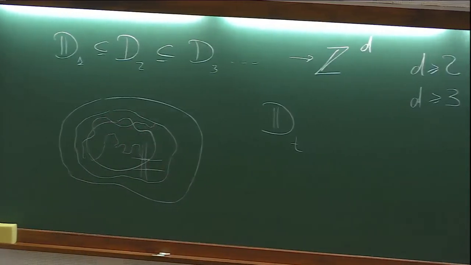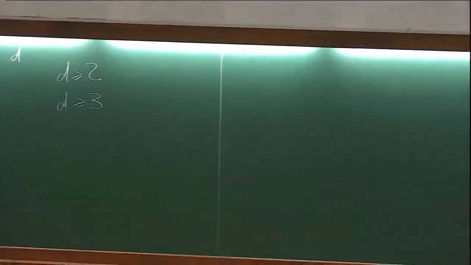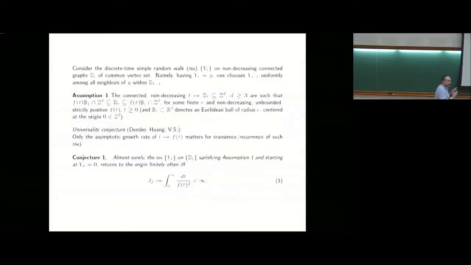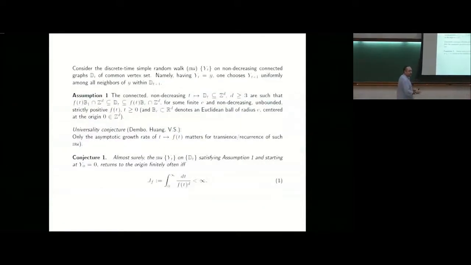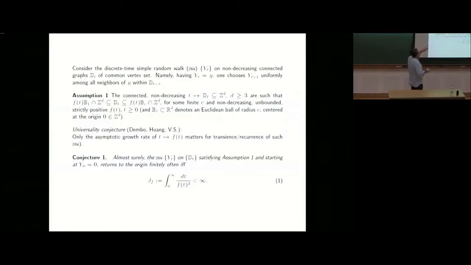As you see, I have some assumptions. So what can you say about these situations? The first assumption says that these D_t are well behaved. I am looking at a particular case of growth of D_t. The function f is the rate of growth: how fast or slow you are developing.